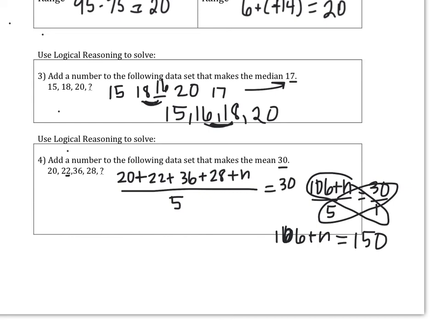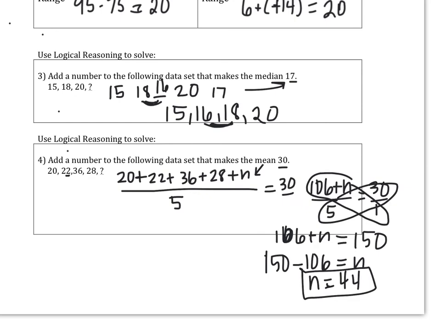Now we're going to subtract, so we have 150 minus 106 equals n. And when we do the math on that, we have n equals 44. So if we put 44 right in there for n, we add those together, divide by 5, we're going to get a mean of 30. So you just work backwards on those.